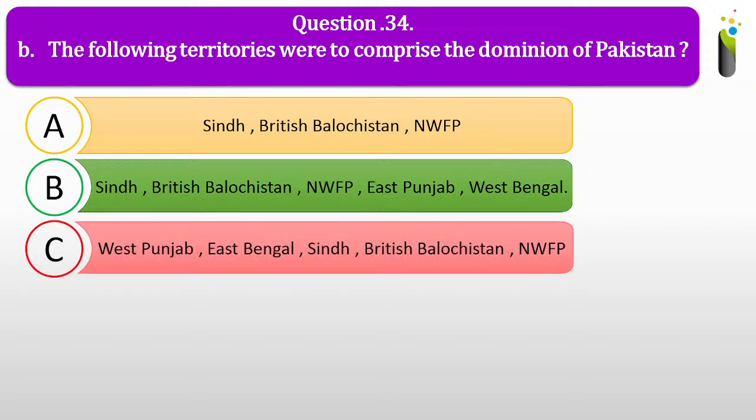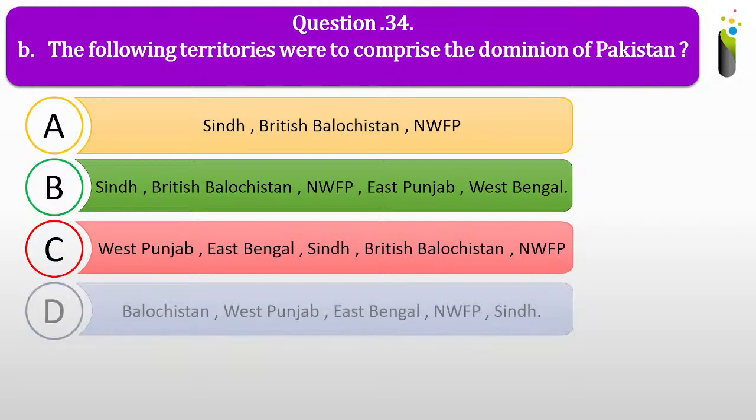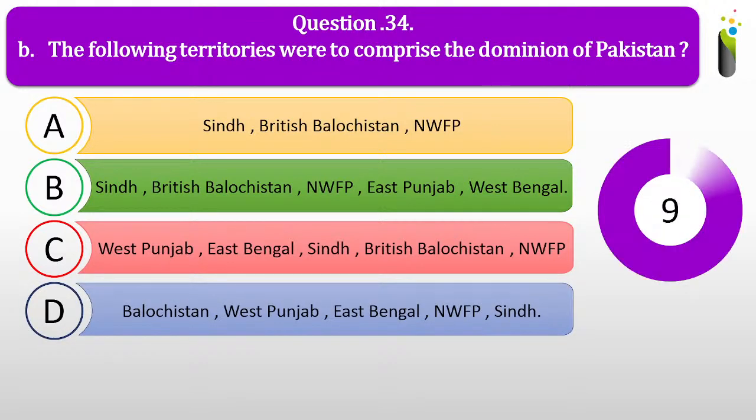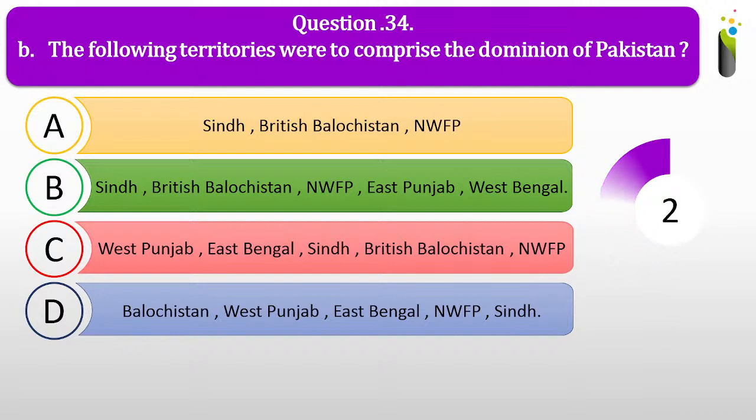C. West Punjab, East Bengal, Sindh, British Balochistan and NWFB. D. Balochistan, West Punjab, East Bengal, NWFB and Sindh. And I hope you remember NWFB is Northwestern Frontier of Punjab.